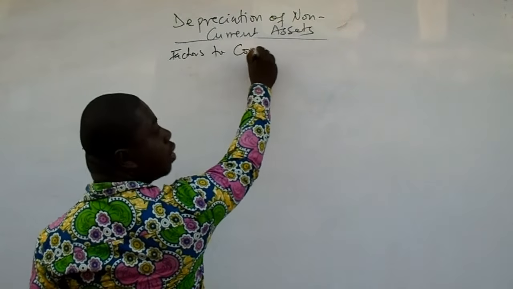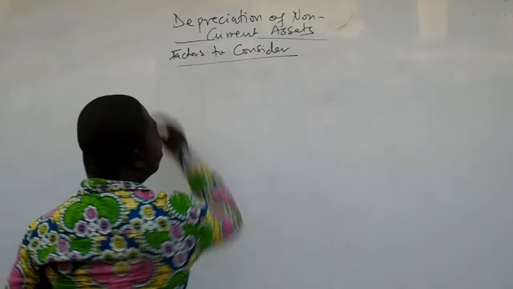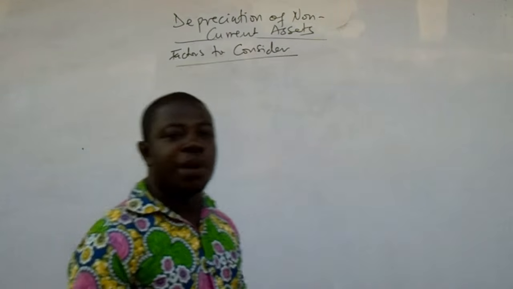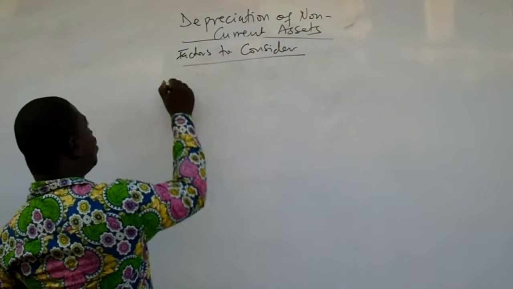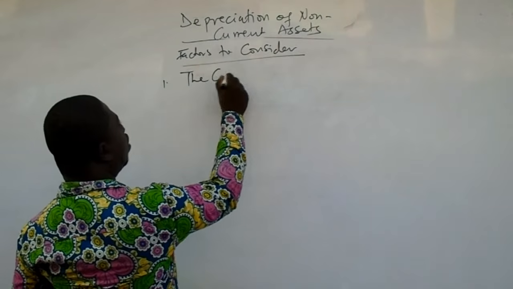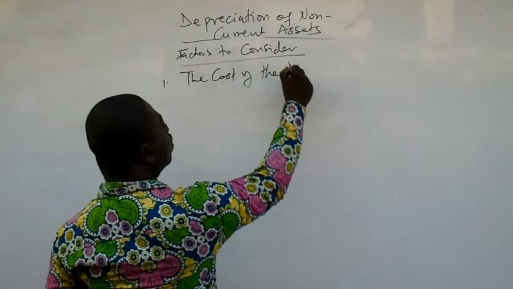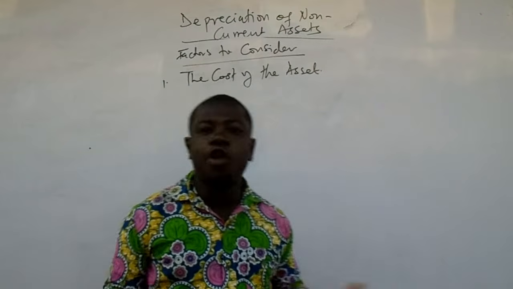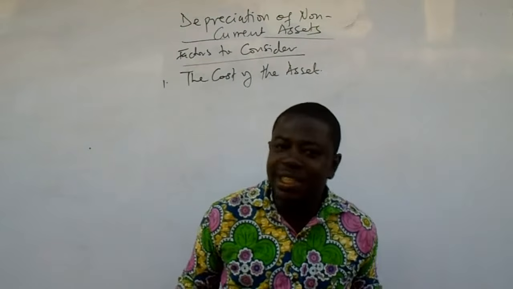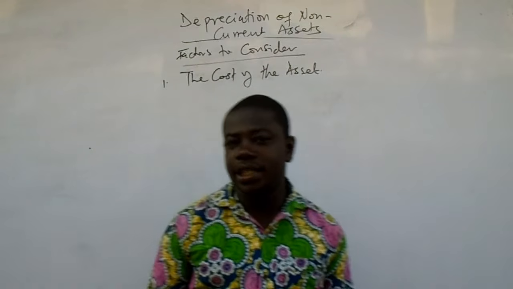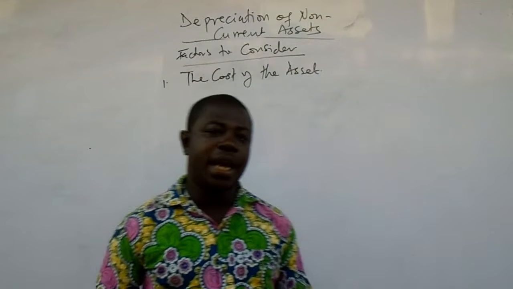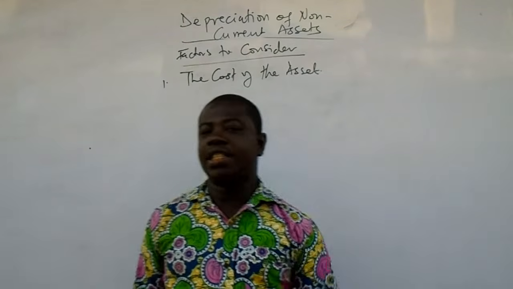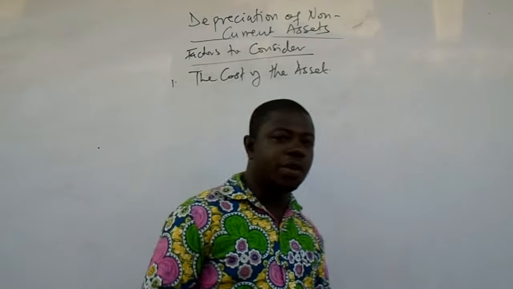Now, the first factor that you must consider in the calculation of your depreciation is the cost of the asset. Of course, you cannot depreciate an asset if you don't know the cost that you incurred in acquiring the asset. And so the cost of the asset should be considered as the first factor when you want to calculate depreciation.